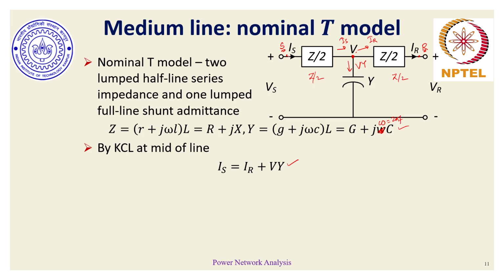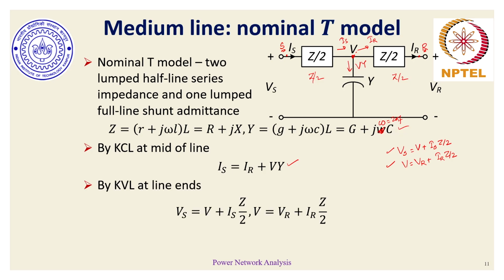So if I apply KVL across sending end and the midpoint of the voltage, we get Vs is equal to V plus Is Z by 2. And for KVL across node V to receiving end R, we have V is equal to VR plus IR Z by 2. So again, we have three equations, similar to the three equations which we got for nominal pi model.